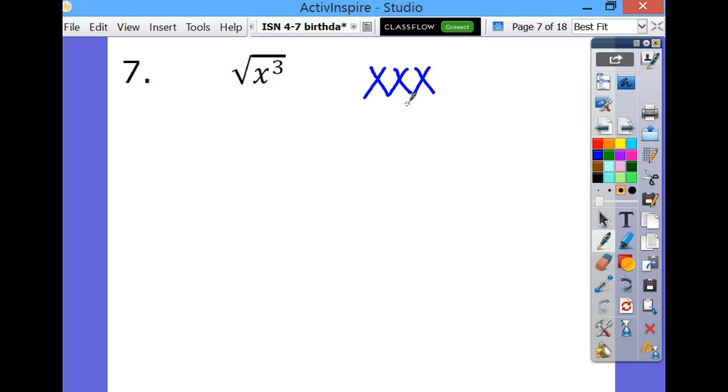And I am still going to do the same thing once I have it expanded. I'm going to look for pairs. There's a pair of 3s, and there's an x left over. Again, why doesn't this have any i's in the answer on this one? There was no negative sign under the radical, so there's no I in the answer.